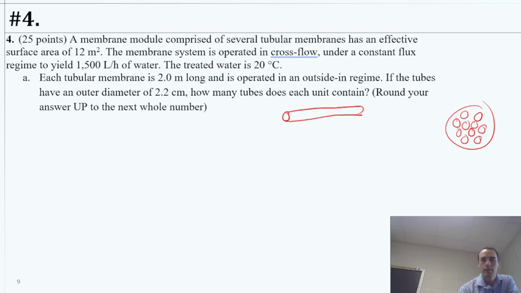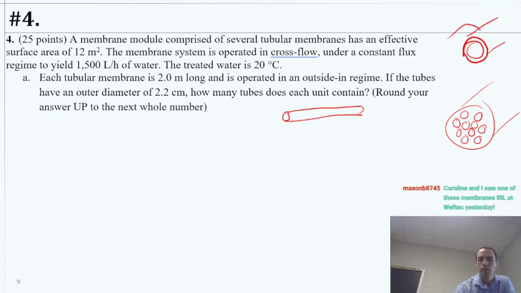Maybe it looks something like this. So we have this unit, got some number of tubes in it, and each of these tubes will have some sort of thickness to them, and they're operated outside in, so water is going from the outside of these tubes into the middle and then coming out this way, or going the other way.